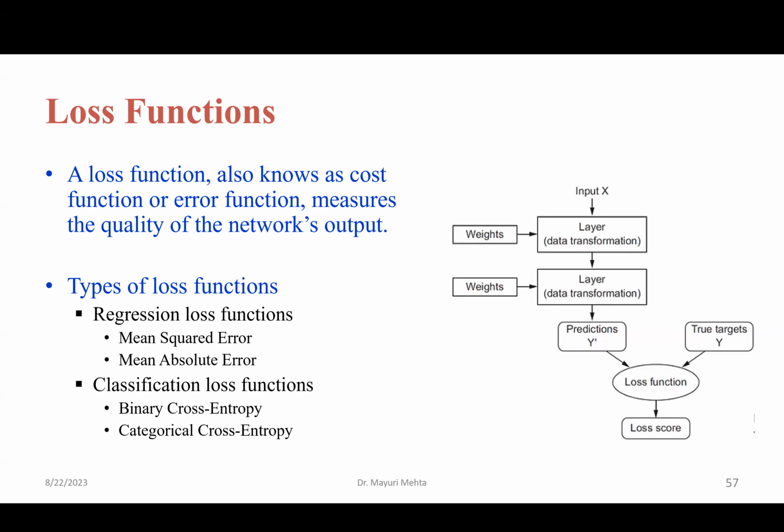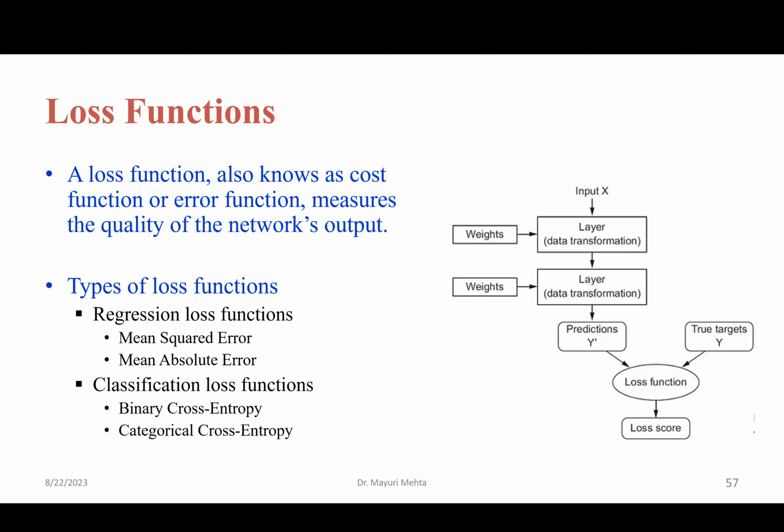This is in mathematical terms. In simple terms, in machine learning and deep learning terminology, we may say that a loss function is a method of evaluating how well your algorithm is modeling your data set.